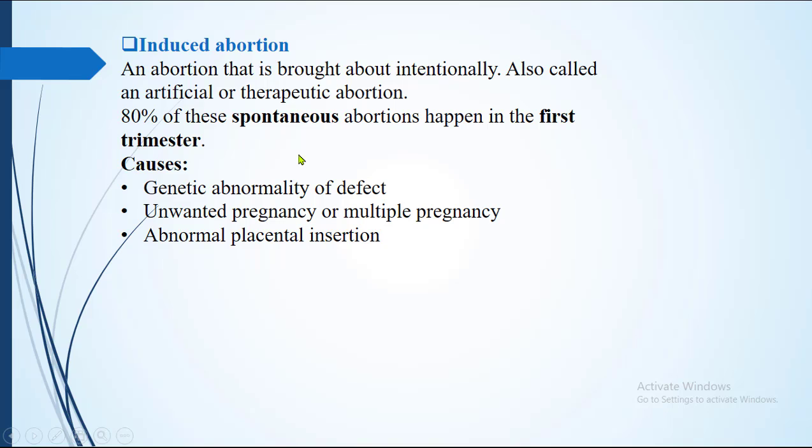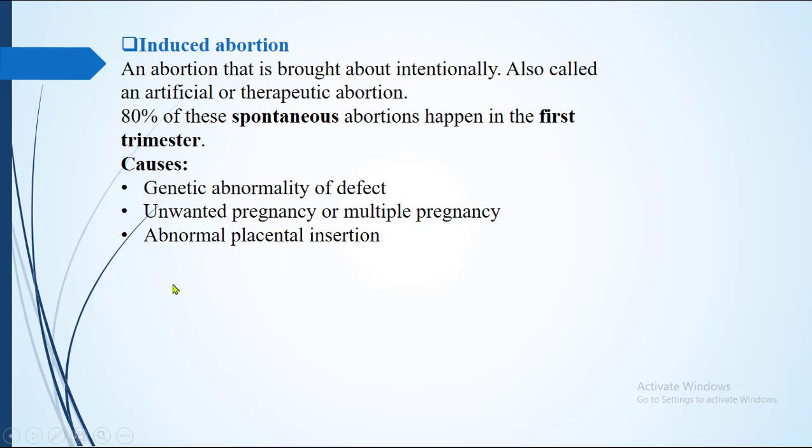So causes are genetic abnormality or defect, unwanted pregnancy or multiple pregnancy, or there could be different reasons. So the pregnancy can be terminated, that is abortion.